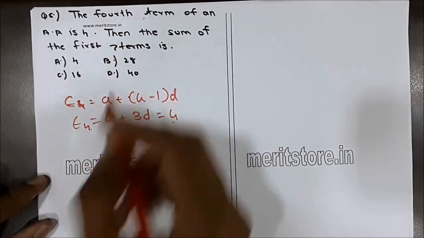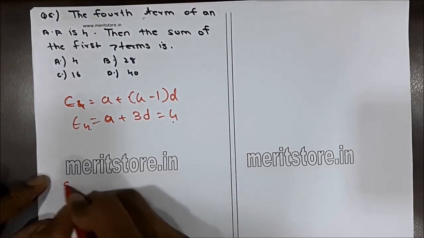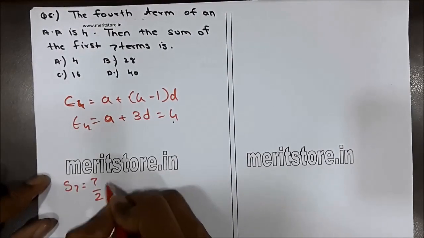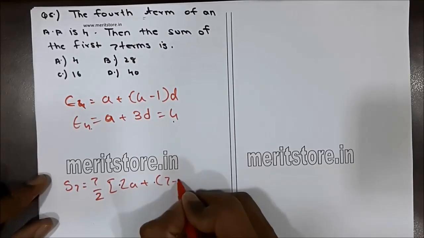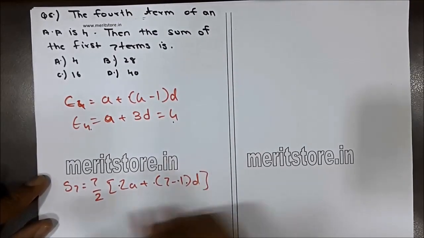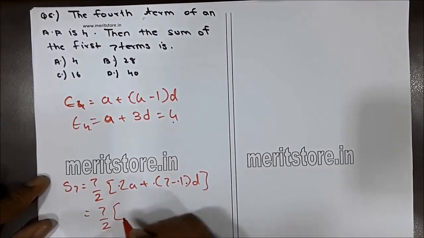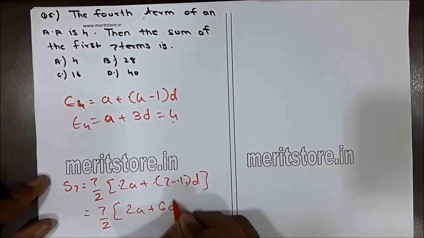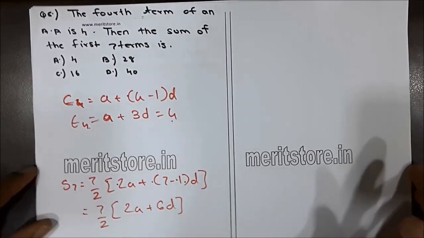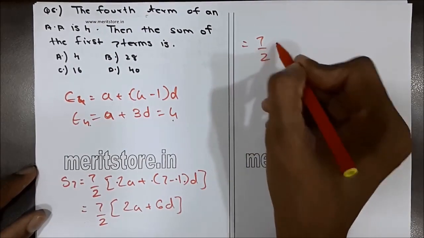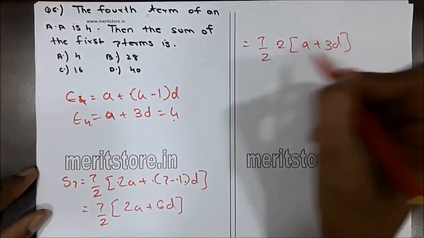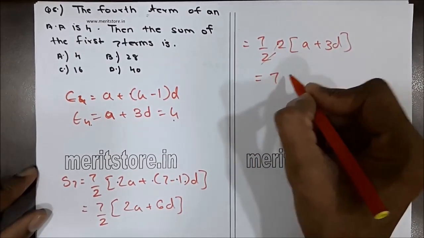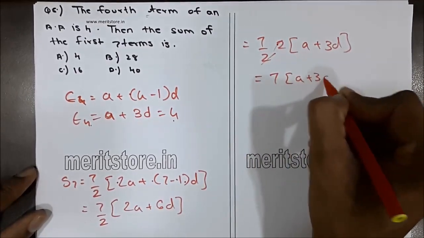And for the sum of the first seven terms, that is S7, we have 7 by 2, 2A plus (7 minus 1) D, which is equal to 7 by 2, 2A plus 6D. We take 2 as common, we get 7 by 2 times 2, leaving 7 times (A plus 3D).